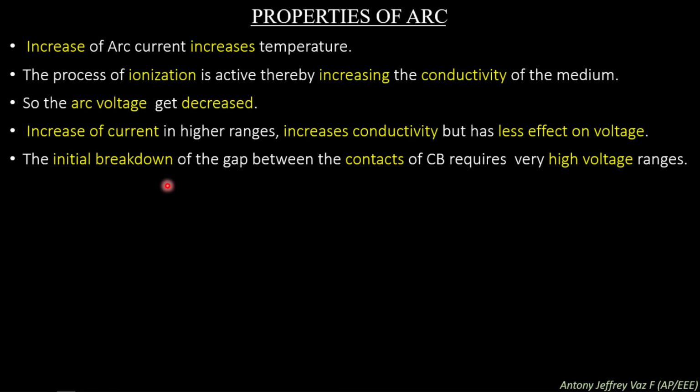The initial breakdown of the gap between the contacts of a circuit breaker requires very high voltage. If the circuit breaker is going to trip at the initial time, the breakdown voltage required to start the arc is very high.